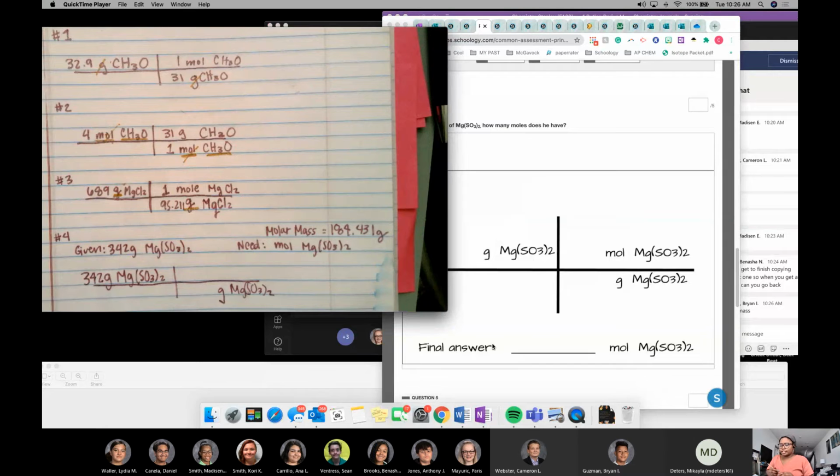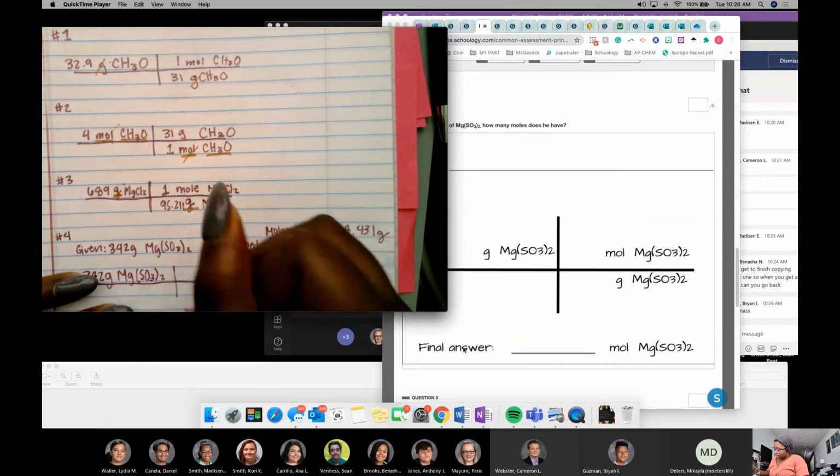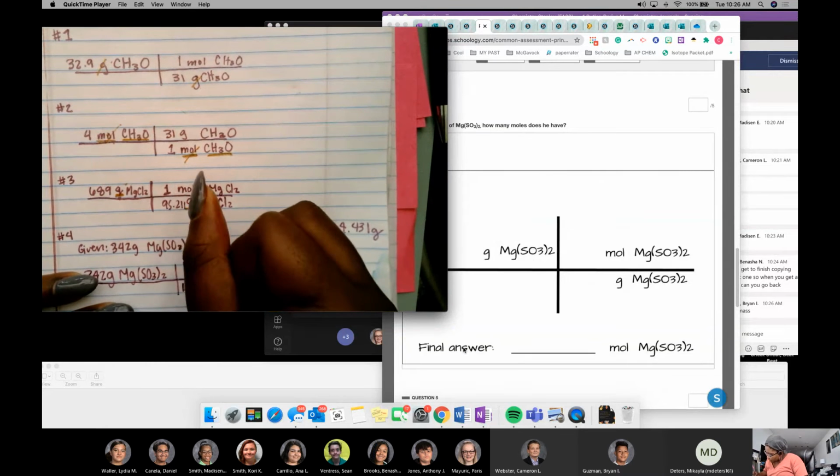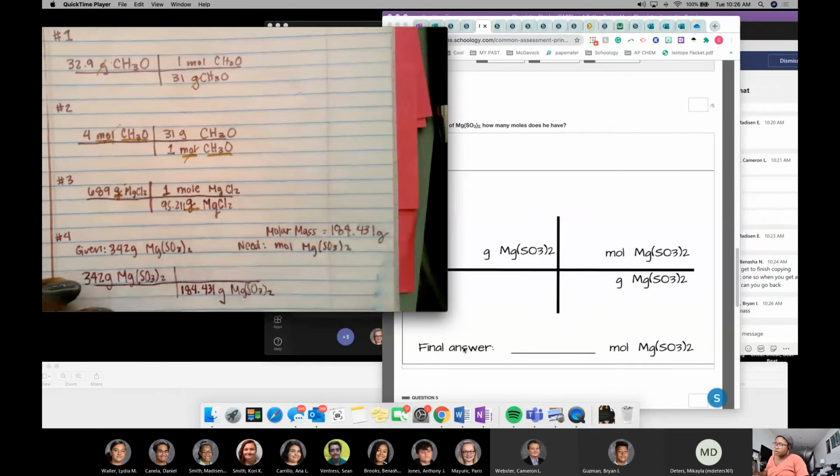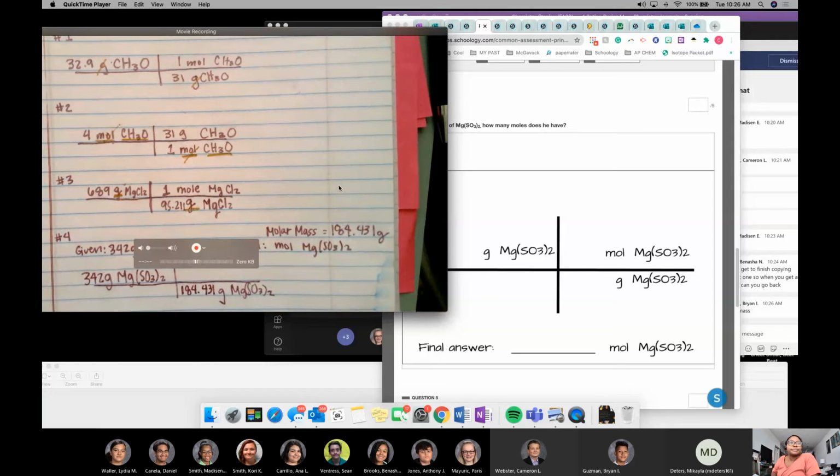The molar mass. Good job, Brian. The molar mass. So it's going to be 184.431.